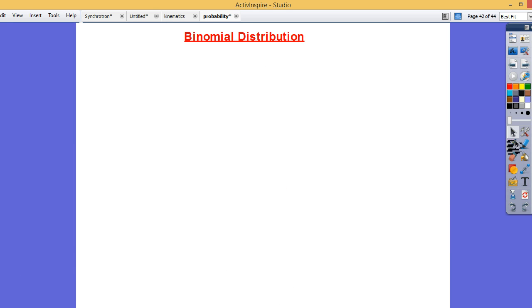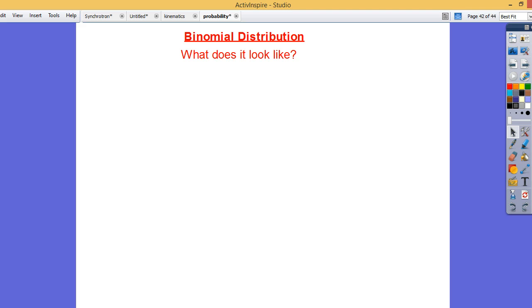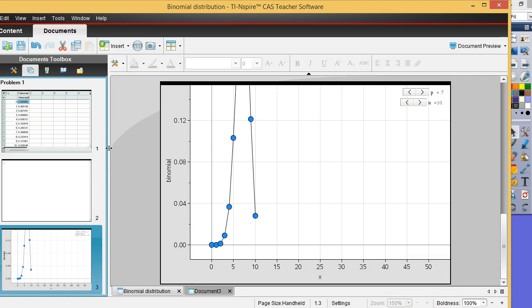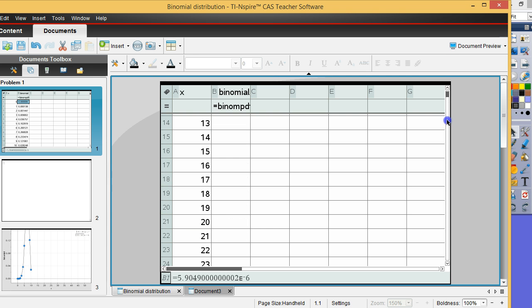Okay, let's actually have a look at this binomial distribution. What does it look like? So, trusty Kaz. Here we go. So here's our rule, and here's our distribution plot, and I've produced this for a series of x values.